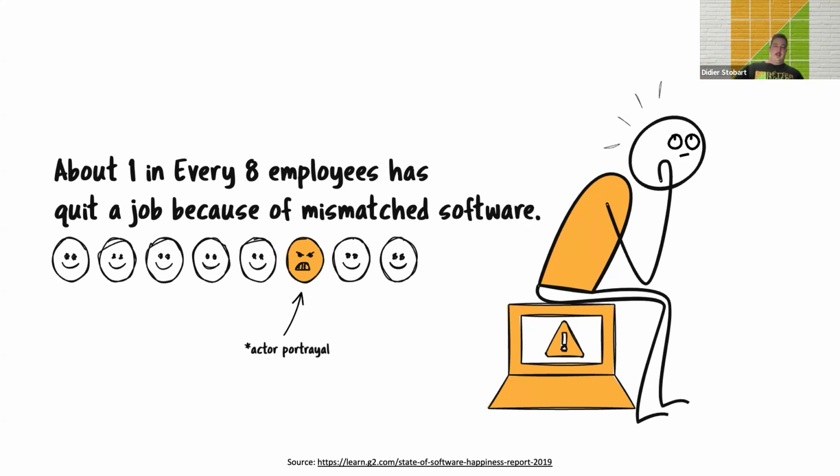Obviously, with Better Impact, our system is very customizable, but also the good thing is we have unlimited admins. So if you do have a few people helping in the role, we can make that easier for you. We can have a few people doing that role all together and working as a team, and try and avoid that 1 in 8 people leaving a job because of the mismatched software.